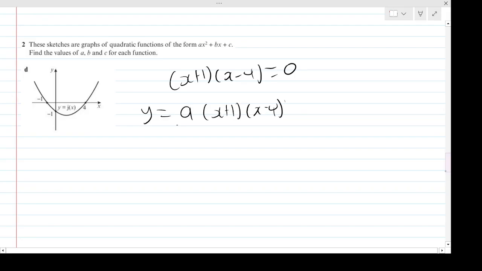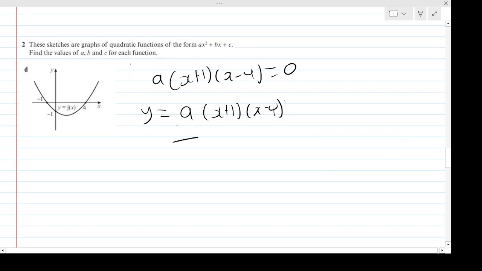The reason being, we have to account for a numerical factor a, because if we were to solve this equation, we could divide by a to get (x plus 1)(x minus 4) equal to 0, and we'd be none the wiser. We would still get the same roots. So we need to account for that a factor in the front there.